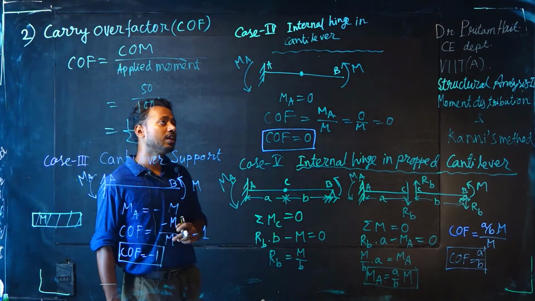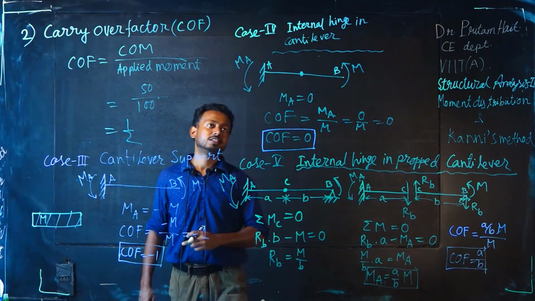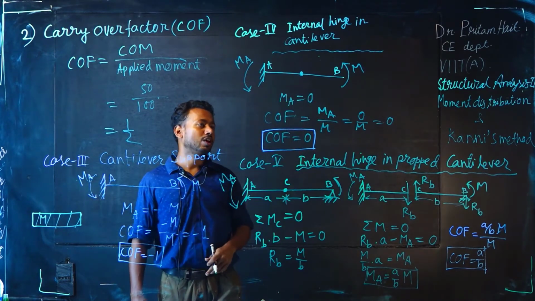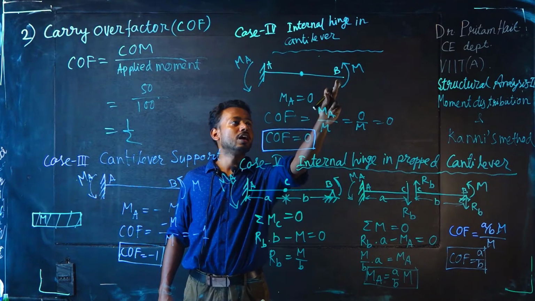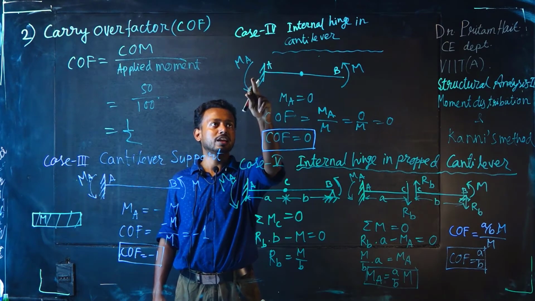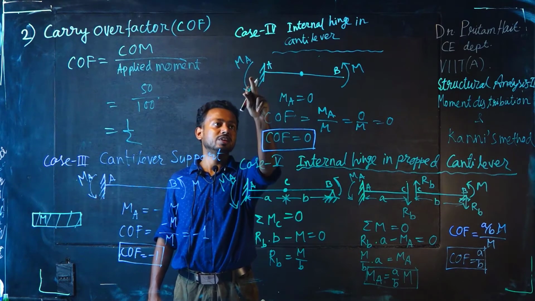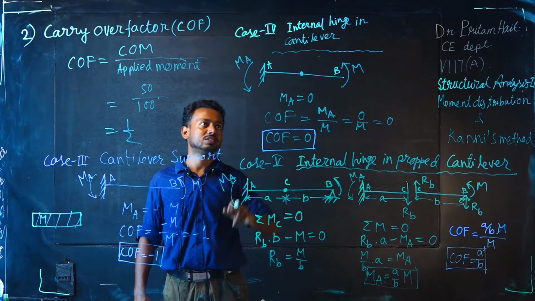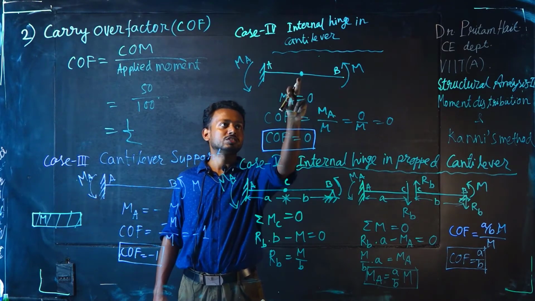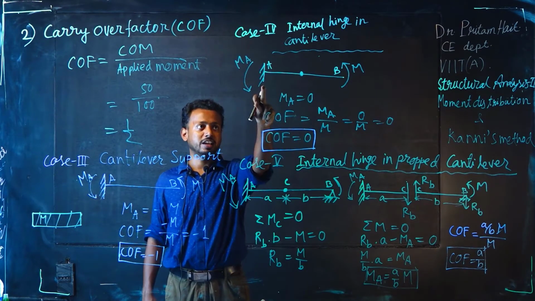Case 4: internal hinge in a cantilever beam. This is a cantilever beam and an internal hinge is provided. What will be the carryover if you apply an M moment at the free end? What will be the carryover to the support A where the far end is fixed? The carryover will be 0 because of this hinge, the moment cannot be transferred to the fixed end.